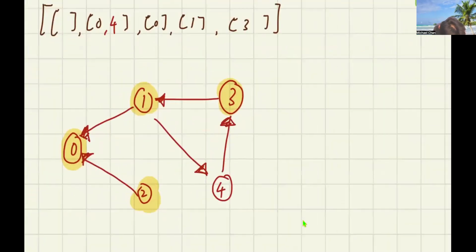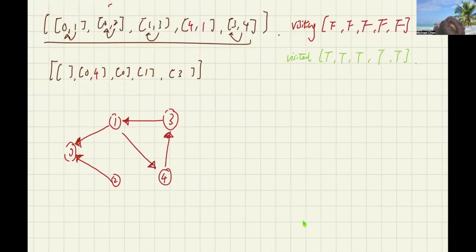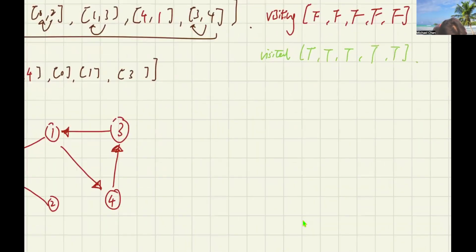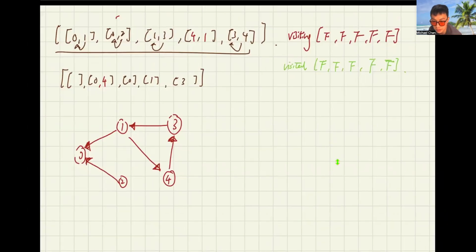All right, so let's do all this again. So this is what we have, and these will all be set to false again, right? So let's run through the algorithm again and see how we figure out there is a cycle.